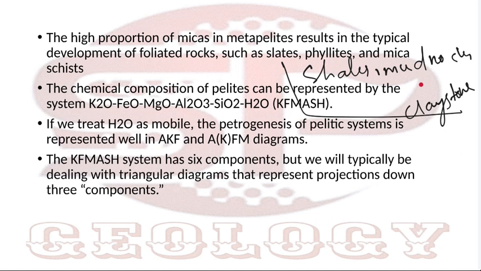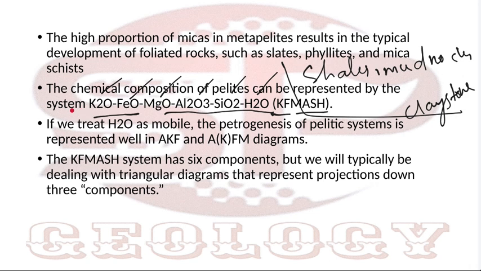All the fine-grained rocks come under pelites. They can be defined by the KFMASH system: K2O, FeO, MgO, Al2O3, SiO2, H2O. These six components can define all the pelites.